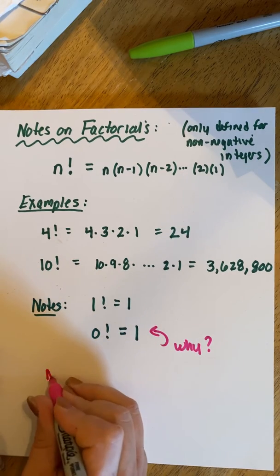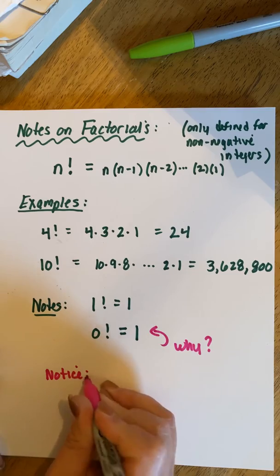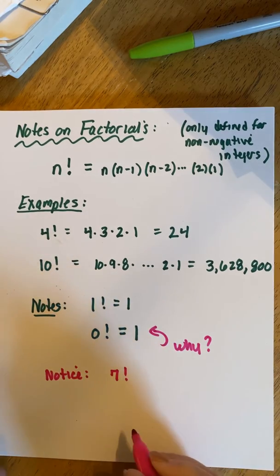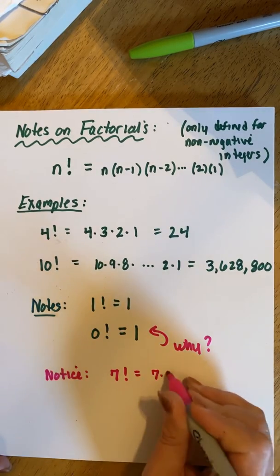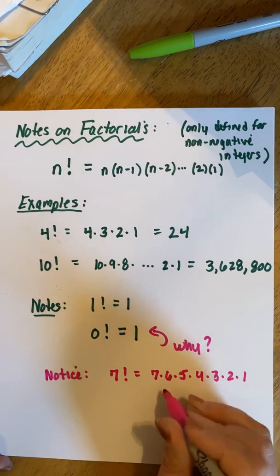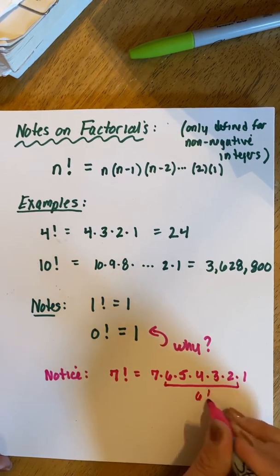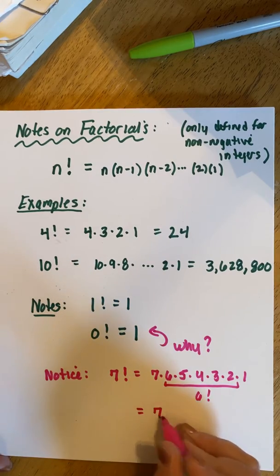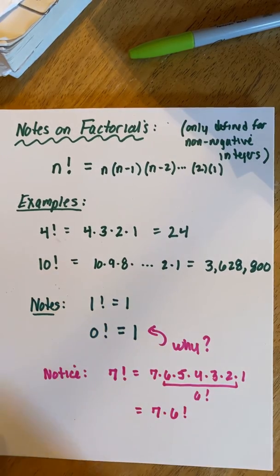So notice 7 factorial is equal to 7 times 6 times 5 times 4 times 3 times 2 times 1, right? But this is just 6 factorial, agree? So 7 factorial is 7 times 6 factorial. Do you agree we can do this with any number?